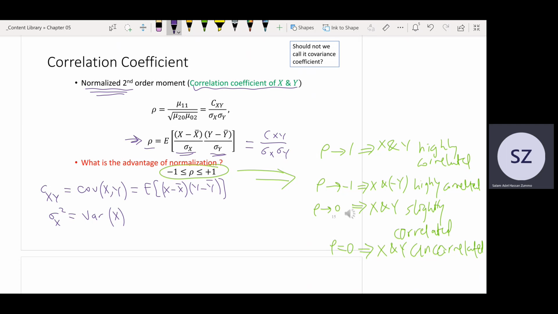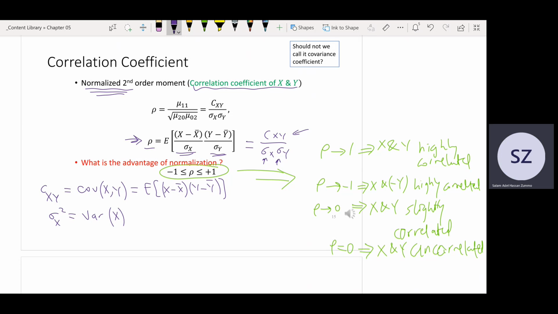Simply, we normalize every part of the correlation: x minus x bar divided by the standard deviation, and y minus y bar divided by the standard deviation. This gives me C_XY divided by the standard deviation of x times the standard deviation of y. Now this gives me a number between minus 1 and 1.